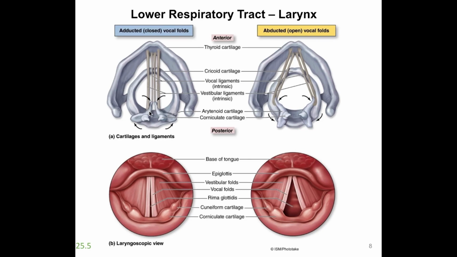The arytenoid cartilages form a joint with the cricoid cartilage, and they are able to move back and forth. There are muscles attached back here too that we use to speak. So the ones on the inside here, if you were to look at it from a side view, would be a little bit lower down in the throat as well.